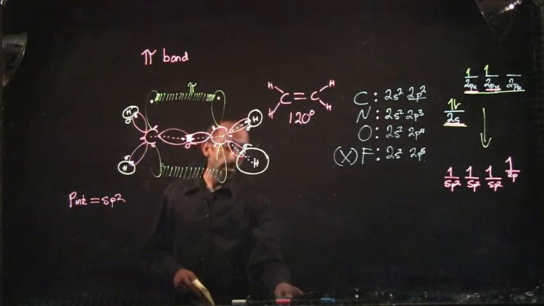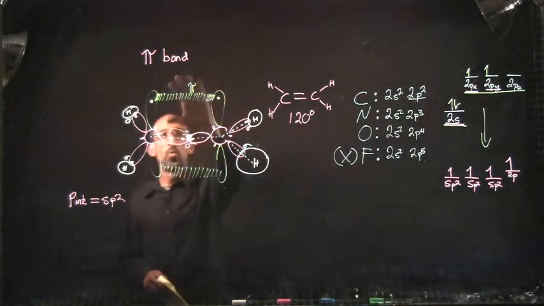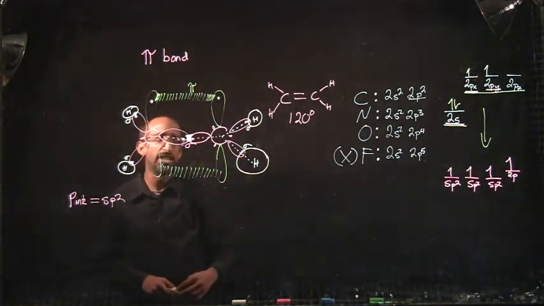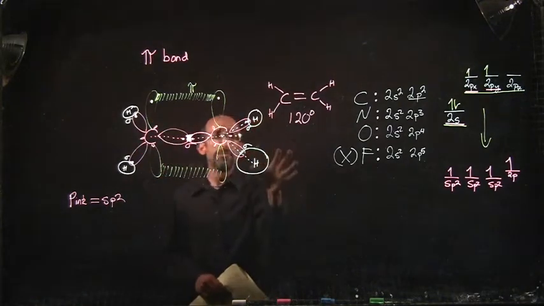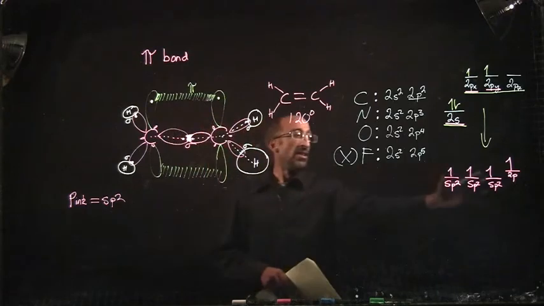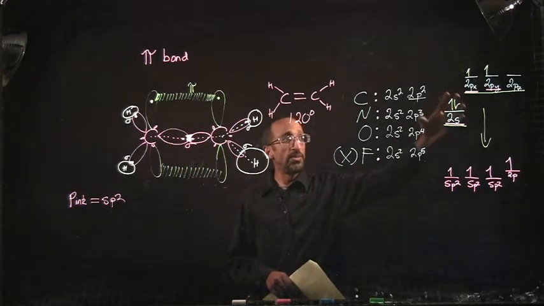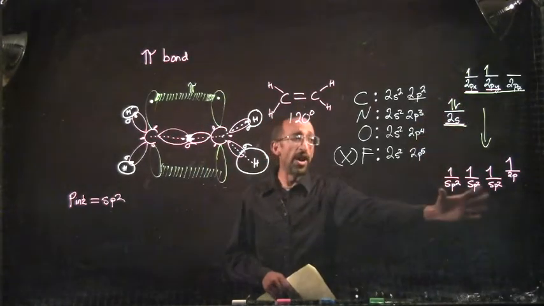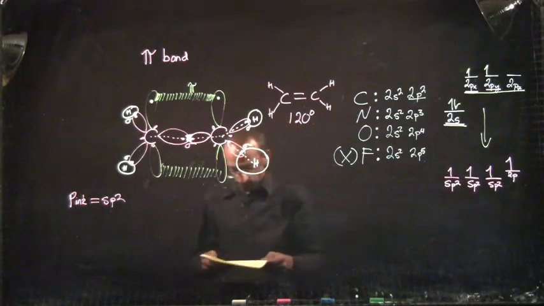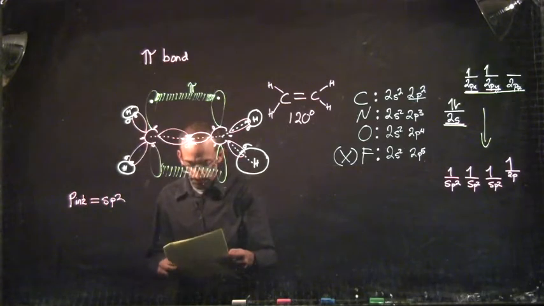So this now explains to us we have 1, 2, 3 regions of electron density. We can distribute that with 120-degree bond angles, right? Our atomic orbital description is not sufficient to do that, but our hybrid orbital description using sp2 hybrid orbitals is.